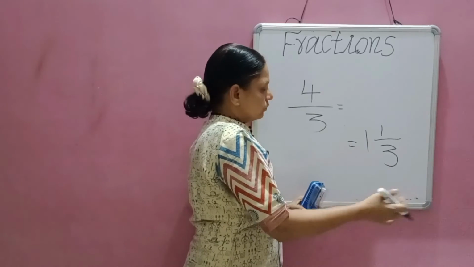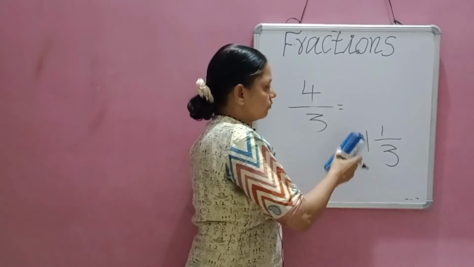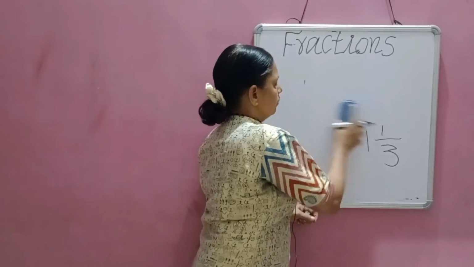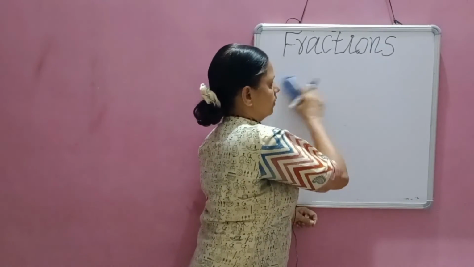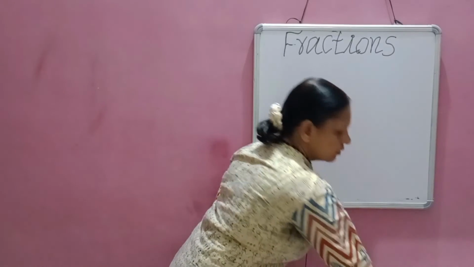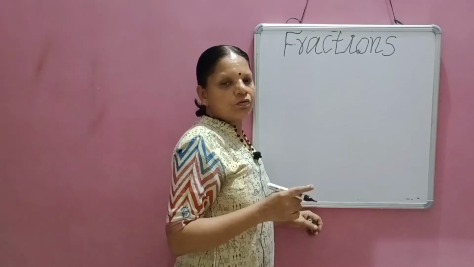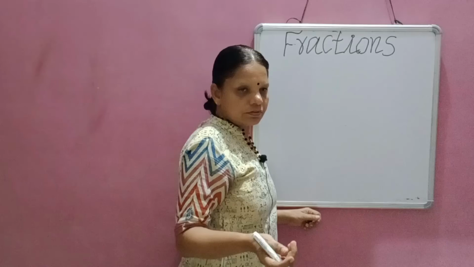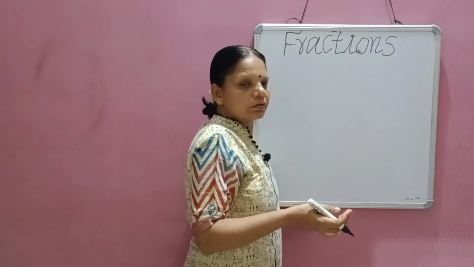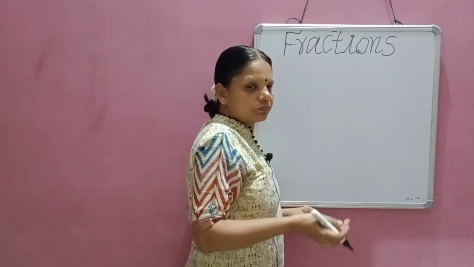Clear? These are the different types of fractions. The value of a fraction is in between any 2 consecutive integers. It is a very important number, that is fraction.